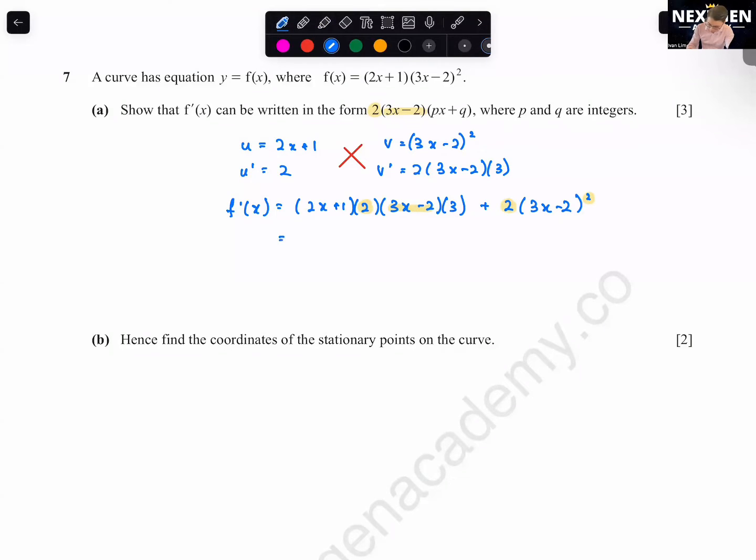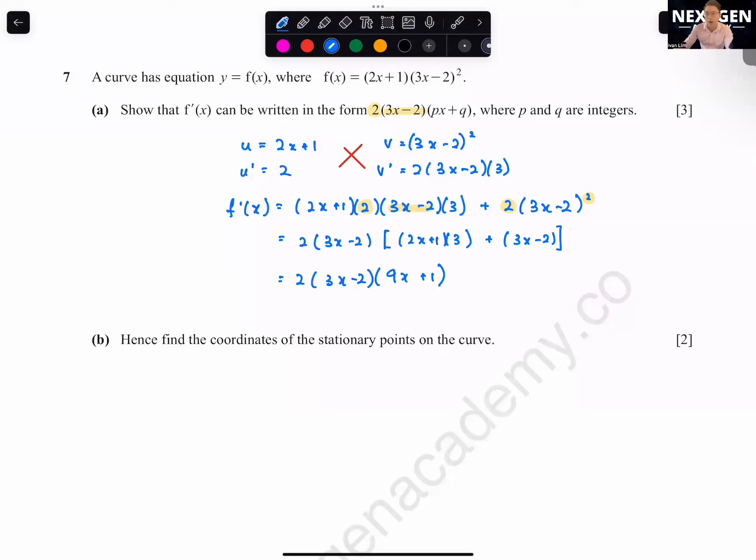So here, I will be left with (2x + 1) times 3 plus (3x - 2). Simplify the bracket that is inside here, the square bracket. So here you will get 9x + 1.